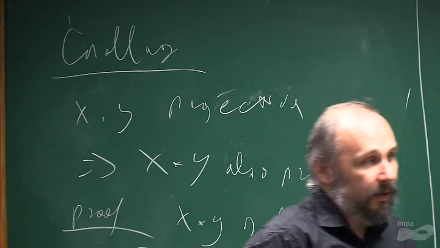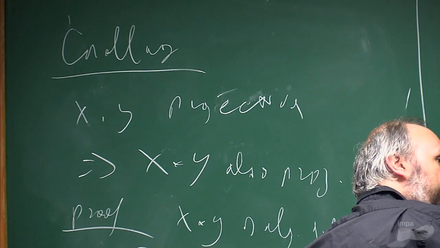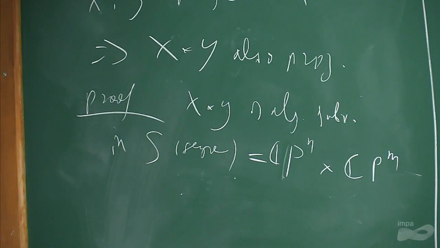So to see that it is projective, we just need to prove the following claim, that an algebraic subvariety of something projective is projective. The point is that an algebraic subvariety is defined locally in Zariski topology, and projective is defined globally.